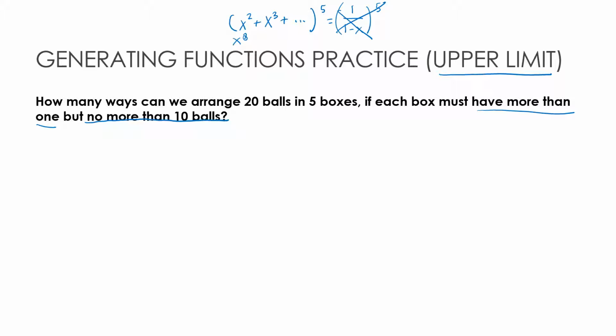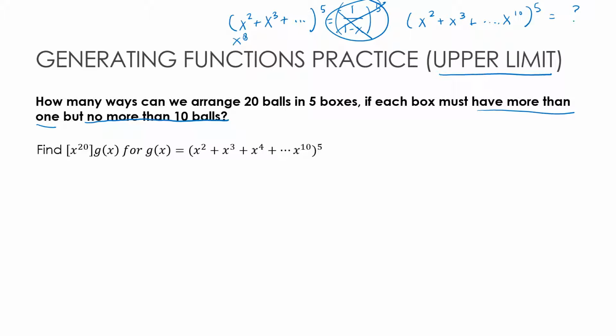So that's not going to be the case this time because my generating function is now going to go to x to the 10th, and that cannot be rewritten as the fundamental identity. So let's take a look at how we're going to write it.